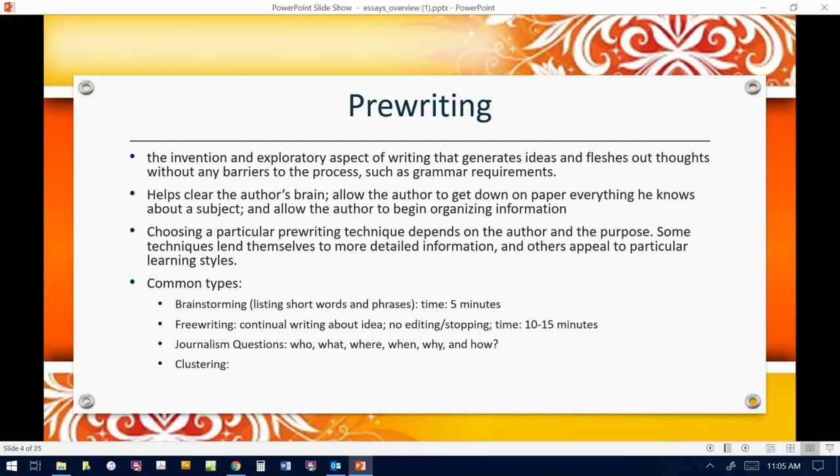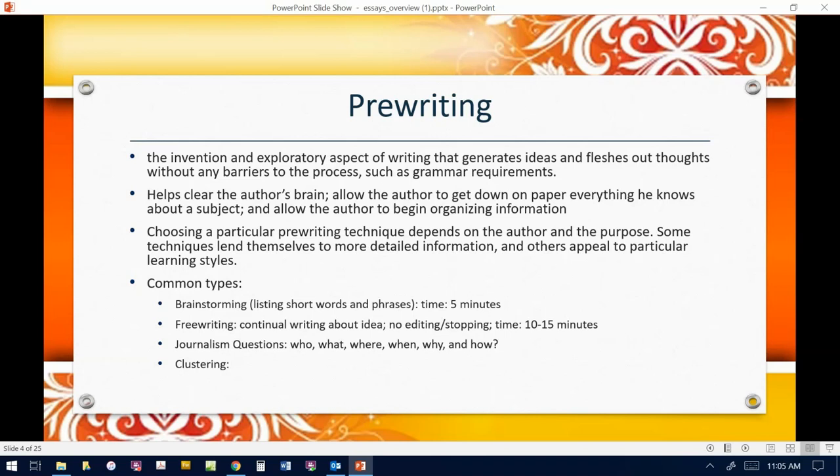My what, I could say, what happened? What were the consequences? What was the problem? You know, where did this happen? Where did it start? You know, those kind of things. So you're asking multiple, and we call them journalism questions because you're an investigative reporter and you're trying to get all of the information possible so then you can figure out what's going on, right?